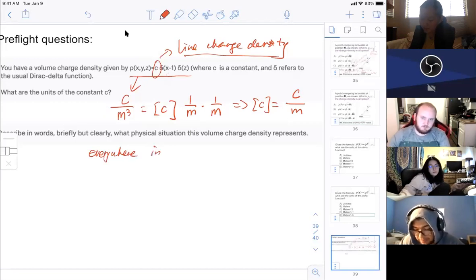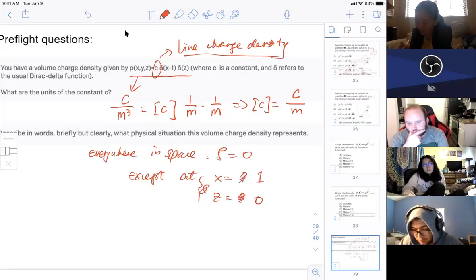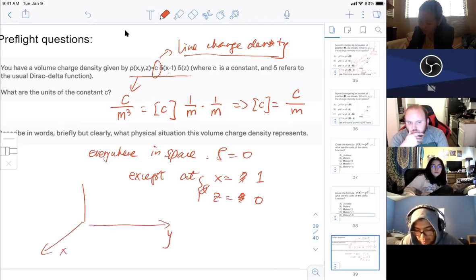Everywhere in space we get density of 0 except at x equals 1, z equals 0. Very good. So here I'm representing a line charge that is located at x equals 1 and z equals 0.